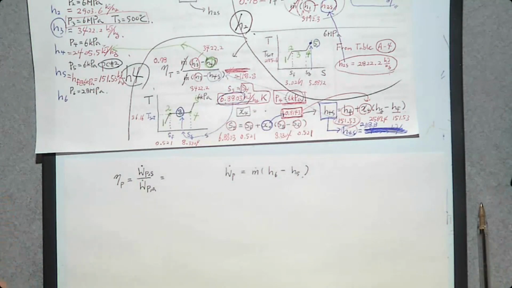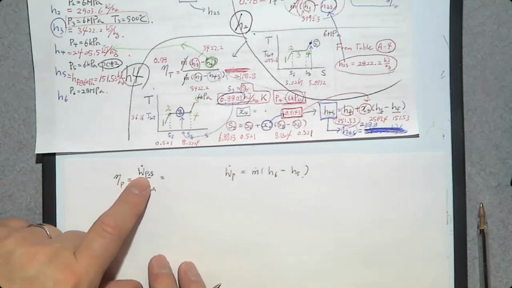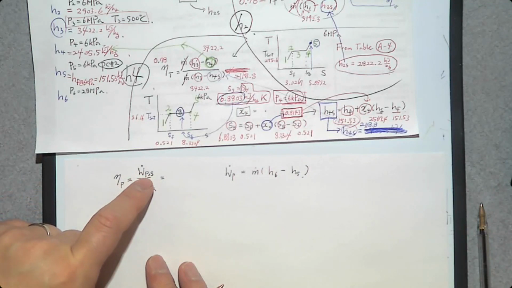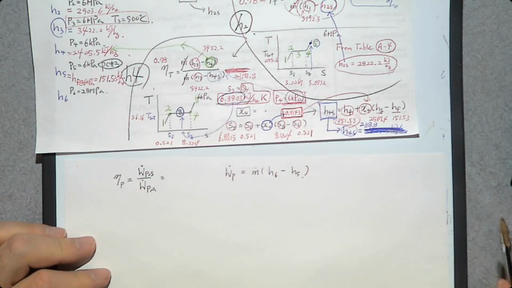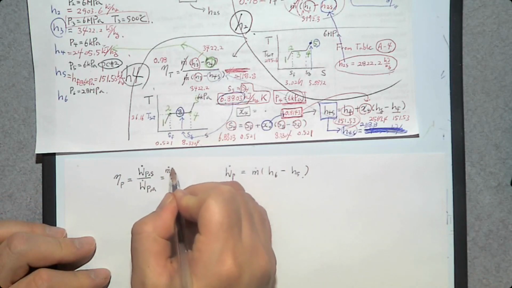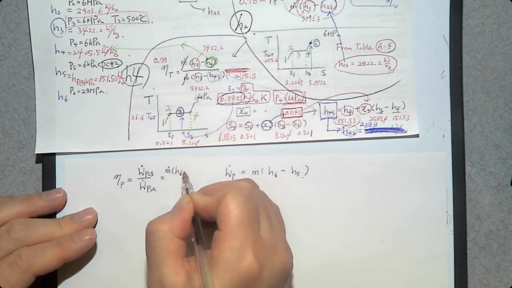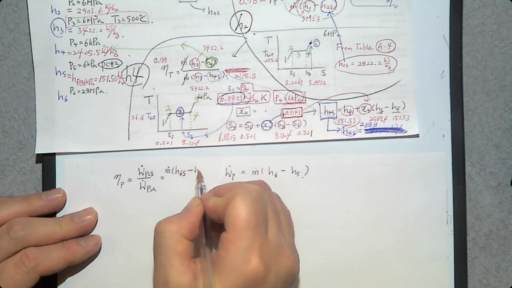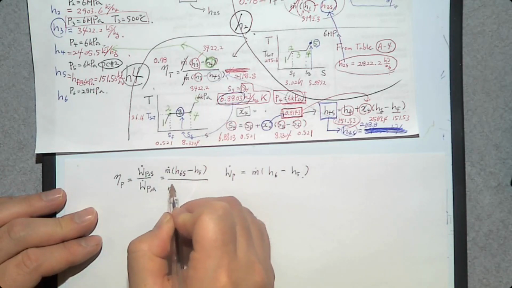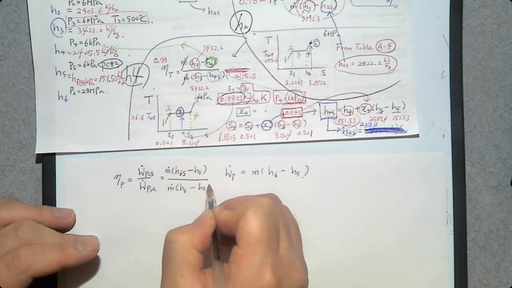As you know, the isentropic pump is going to consume less power, so that goes to the numerator, and the actual goes to the denominator: M dot times H6S minus H5, divided by M dot times the actual H6 minus H5.